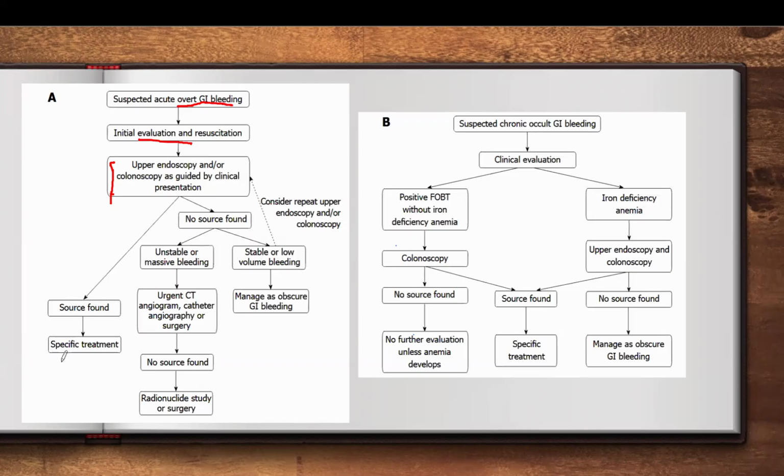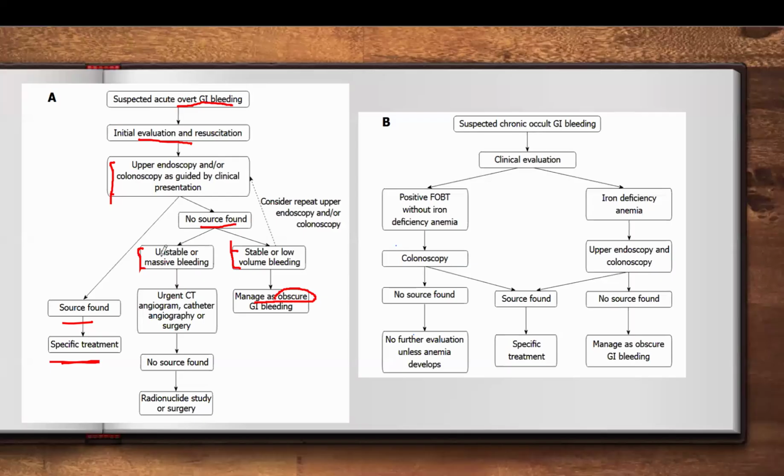If the source is found, no problem, we are going to treat it. If the source is not found, we will look at the hemodynamic stability of the patient, whether the patient is vitally stable or unstable. If he is stable, or the bleeding is very low, we are going to manage it as obscure bleeding. I will be talking about it in a while.